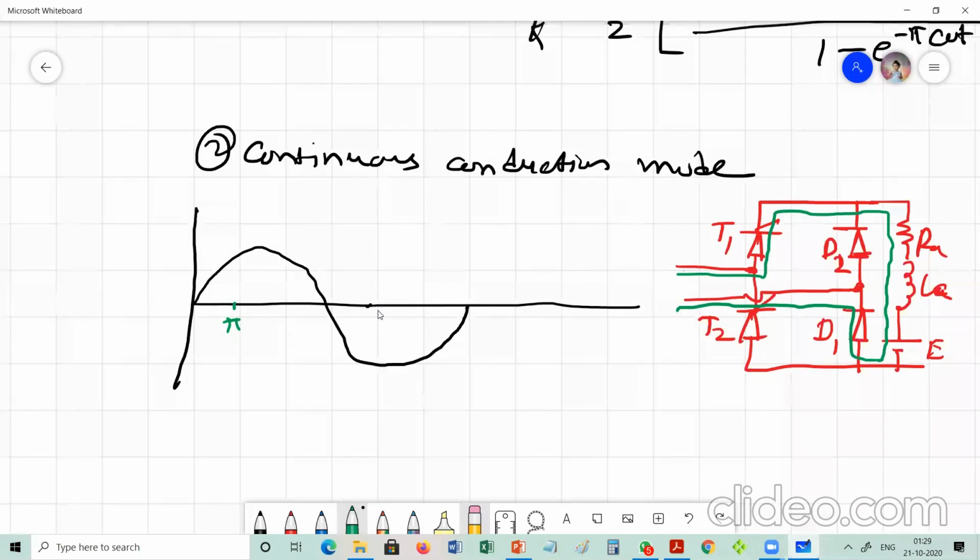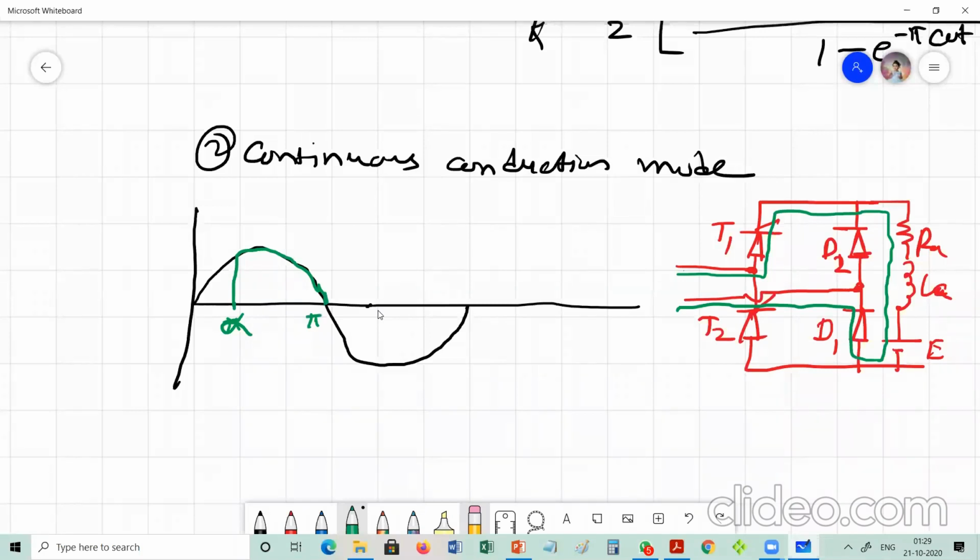So during the operation, the source voltage is connected to the load. Sorry, this is the angle alpha, from alpha to pi.